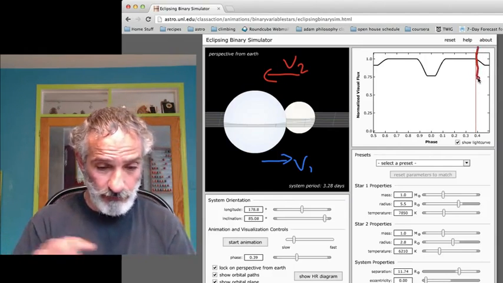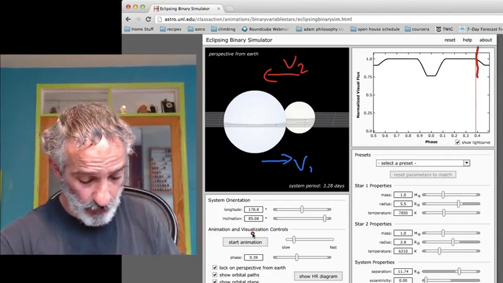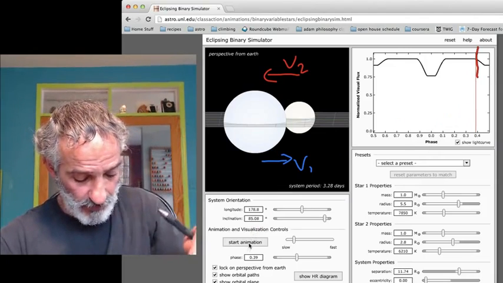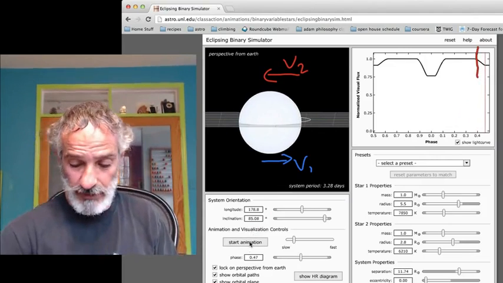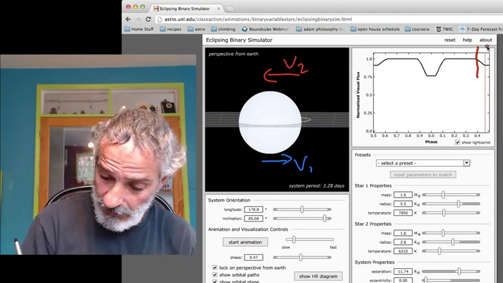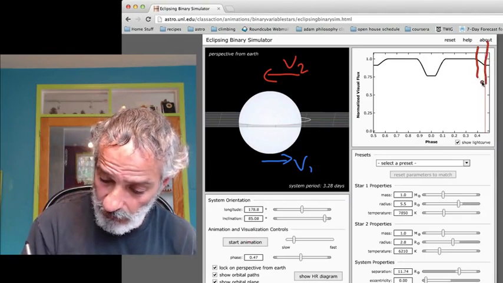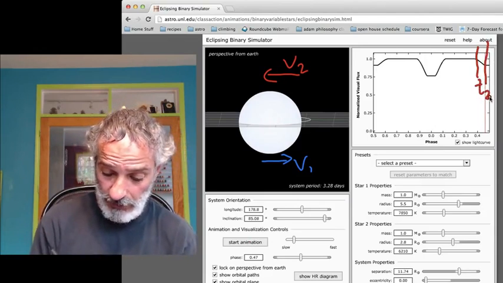And of course, if we let time pass, we'll see that as star number 2 is increasingly eclipsed by star number 1, the light curve dip deepens, and it reaches its maximum depth at this time right over here. If we call this time interval t2, then we can describe what happened during this time interval.